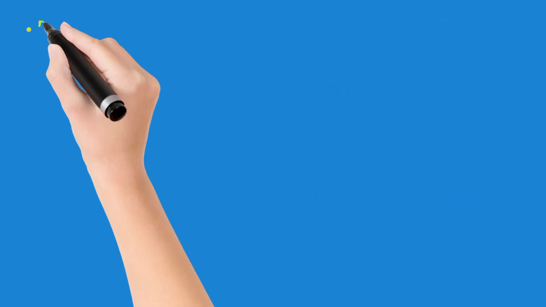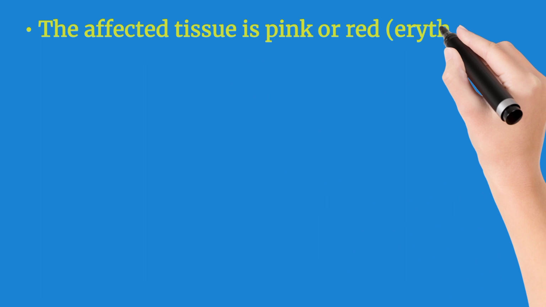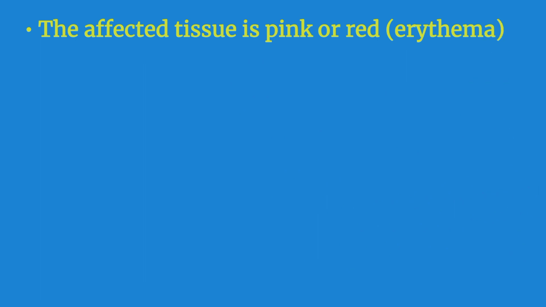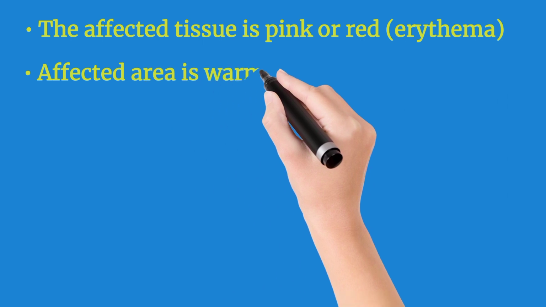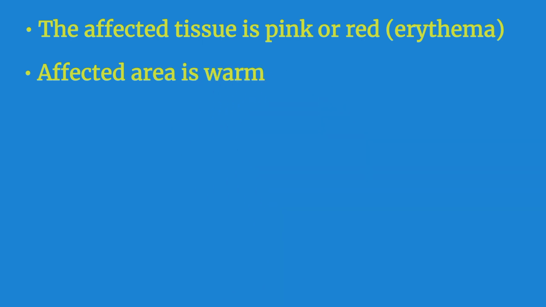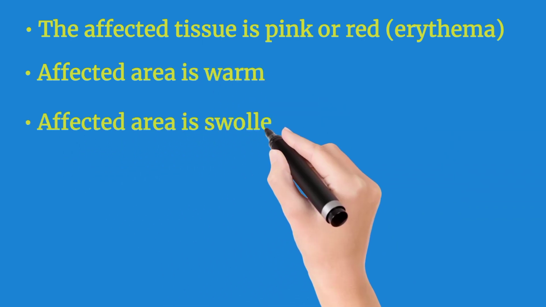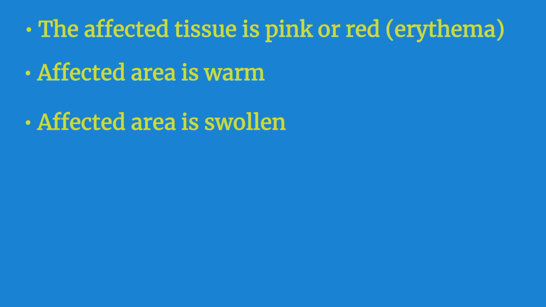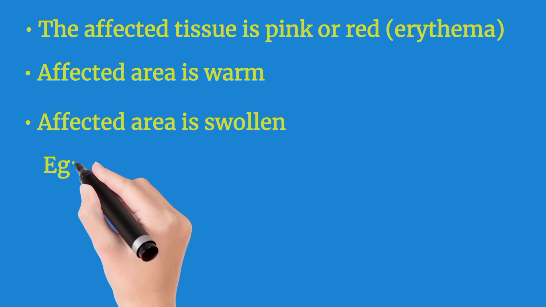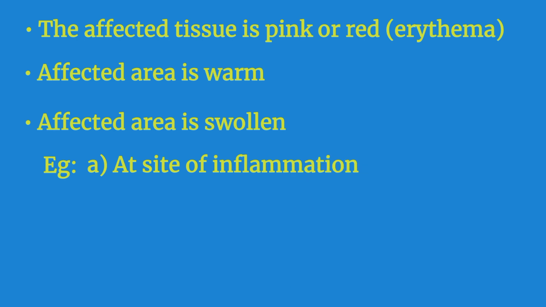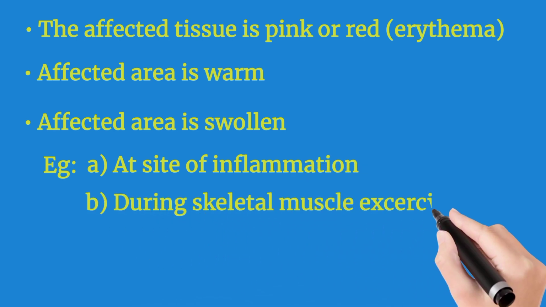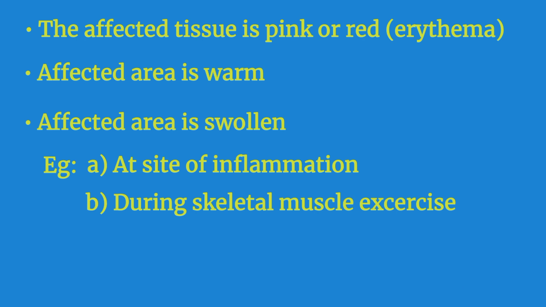Now the affected tissue is pink or red, erythematous, erythema. The affected area is warm and swollen. Examples are at the site of inflammation, in skeletal muscle during exercise, menopausal flush, increased blood flow, high grade fever, etc. That was about active hyperemia.